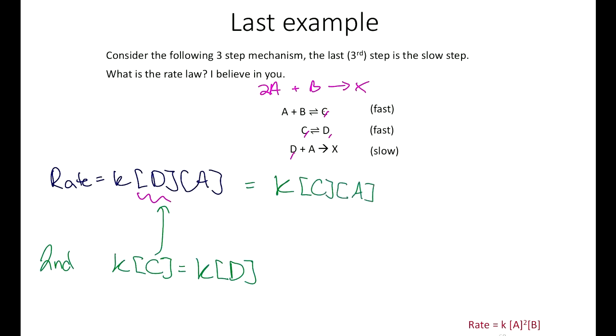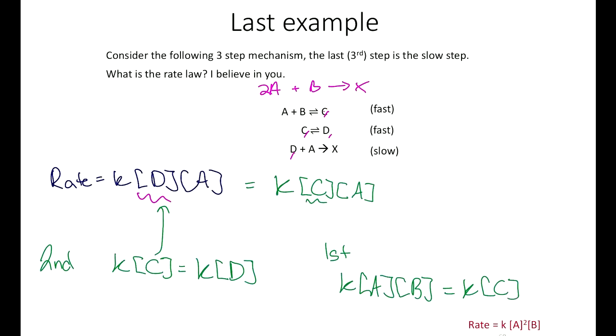All right, now I'm done, right? No. So what do we got to do next? Get rid of C because C is also an intermediate. So what do you think we'll do? Use the 1st step. Yep, we'll use the 1st step. So recognize that the forward reaction, so rate constant times A times B equals rate constant times C concentration.